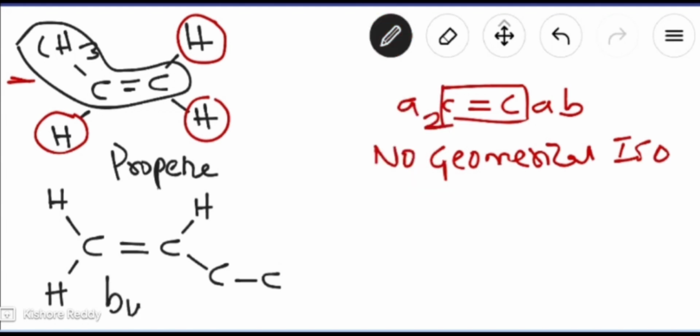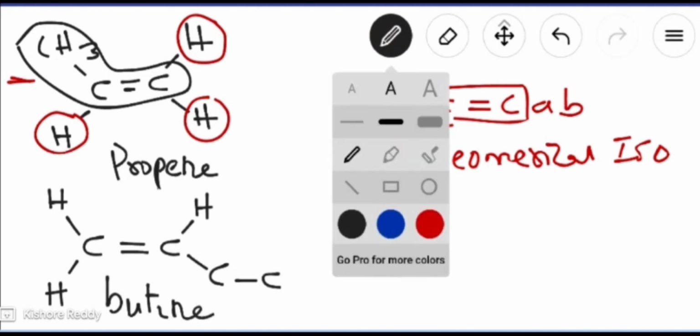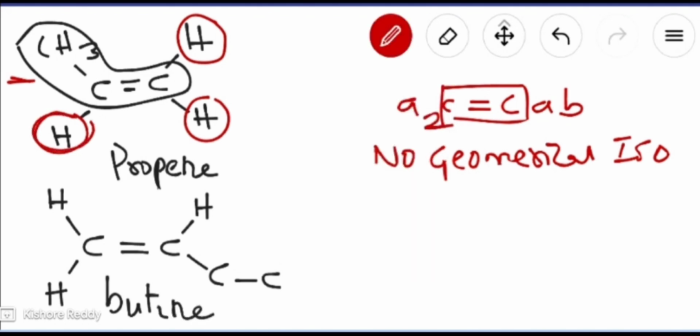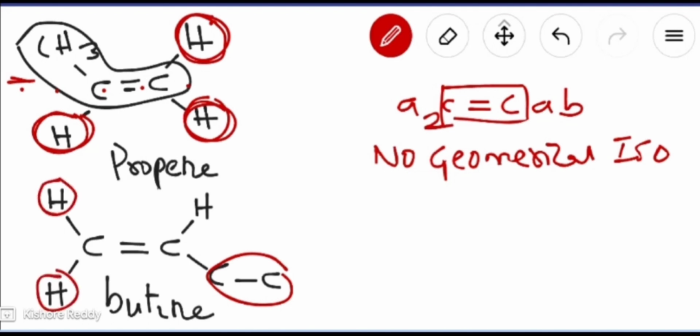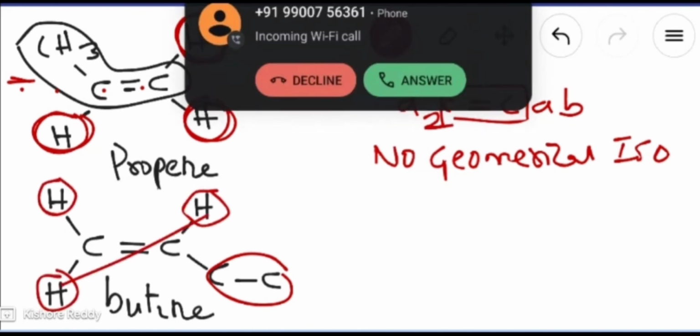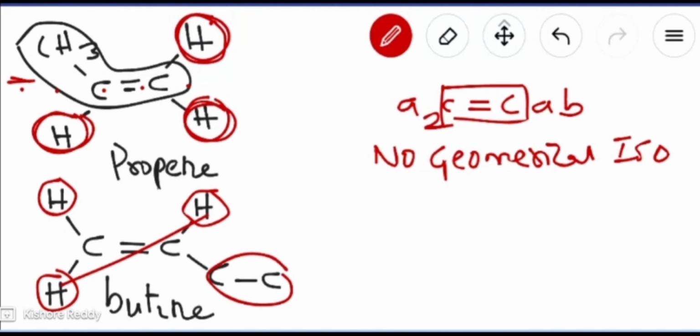So like propene and butene you have. If you want to know this, see, H and H are on the same side, that is okay, but the problem is another hydrogen is on the opposite side. Is it correct? And here also you observe this. This is ethyl group, H. But on this side, they are in the opposite direction, right?